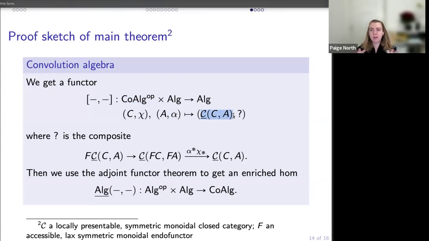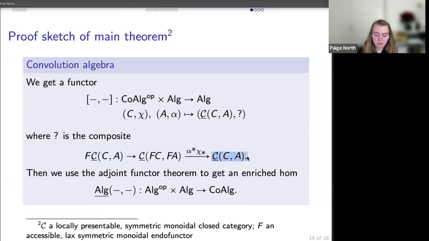So we're again assuming that the underlying category is monoidal closed. So we put an algebra structure on the internal Hom from the underlying object of C to the underlying object of A. How do we do that? Algebra structure means a morphism from this guy to this guy.